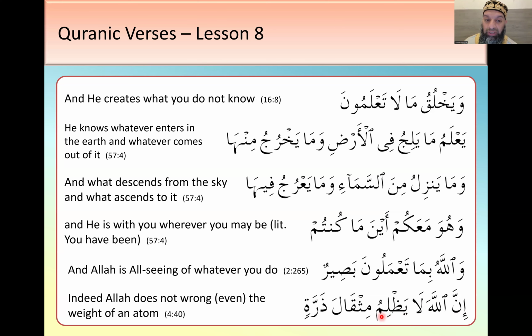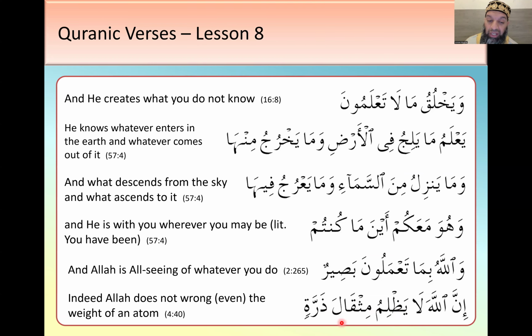What does yazlimu mean? You can see dhulm is in there. Dhulm, dhalama, means oppression. So ya means he oppresses, present tense. Dhalama, he oppressed. Yazlimu, present tense, he oppresses. And the la means not. So indeed Allah, He does not oppress.